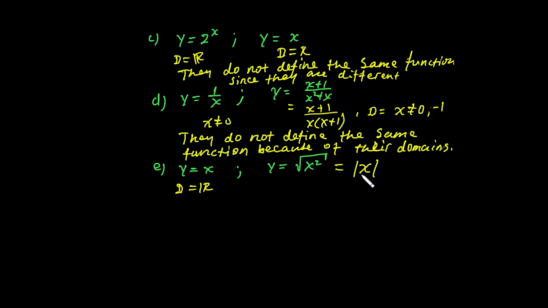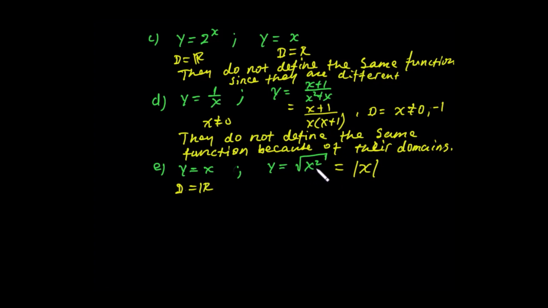We cannot say x, because negative values arise. For example, negative 3 squared is positive 9, and the square root of 9 is 3, so it is the absolute value of negative 3. The value we get is always positive or 0, greater than or equal to 0, so it is the absolute value of x, not x. So they are different functions.